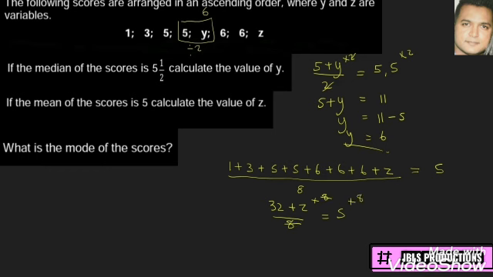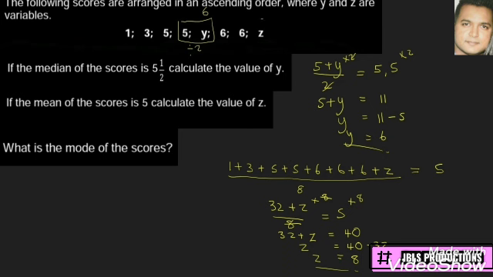So we'll have 32 plus Z is equal to 40. So Z will be equal to 40 minus 32, and my answer will be 8. So Z will be equal to 8. So now we know that the value for Z is 8.